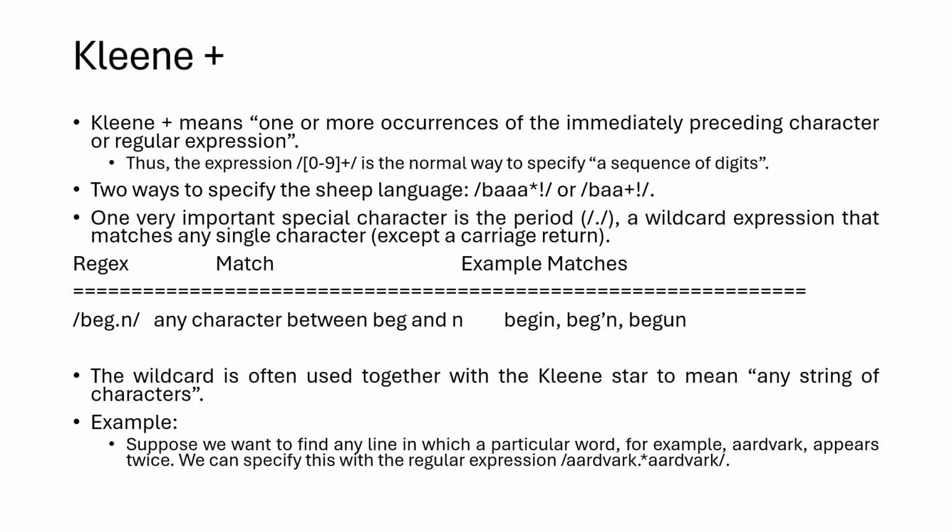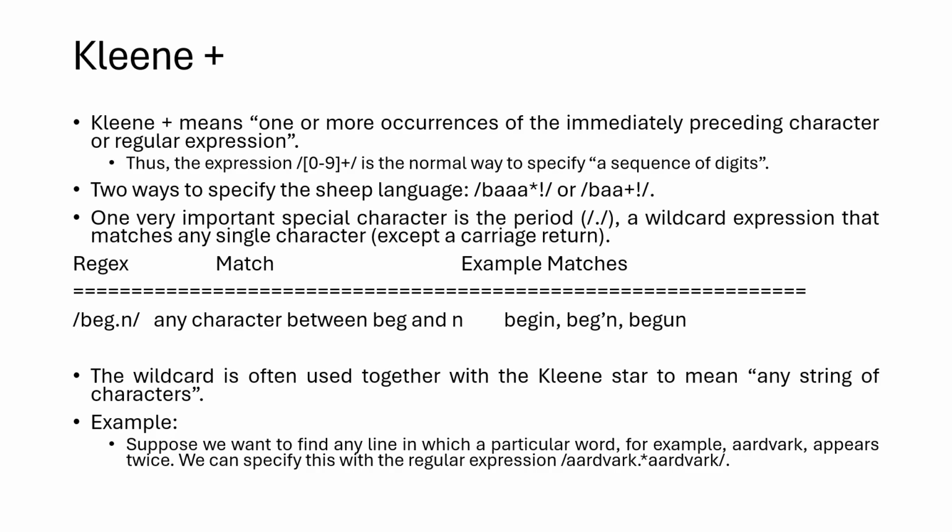And then Kleene plus specifies one or more occurrences of the character or digits following a particular character or regular expression. For example, 0 to 9 plus specifies that you are searching for a sequence of digits.